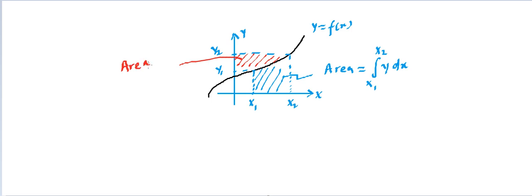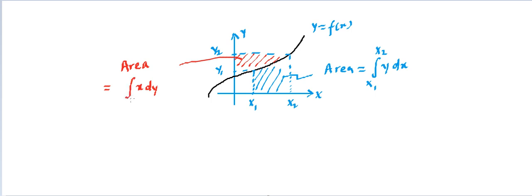Same logic. So logic is this, that means here you need to take a strip, small element in the y direction. So this area should be written like this. A small element has to be considered in the y direction, so that's a dy. That has to be multiplied with this x value, so element is going to be x into dy, and that has to be added up or integrated.